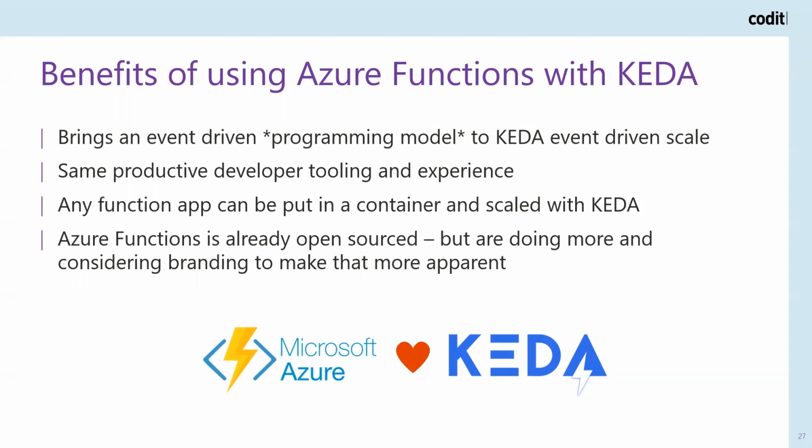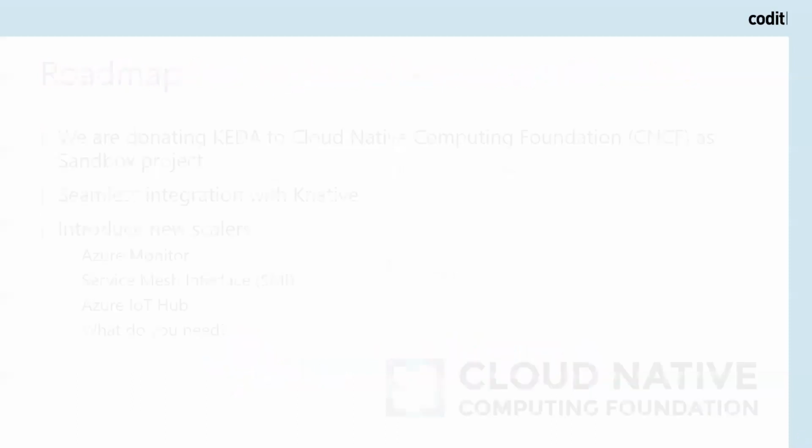You just start writing your code, saying this is what I want to do with the message properties. The Azure Functions runtime will be in charge of pulling those messages and triggering. Then when you deploy it to Kubernetes and use KEDA, it's able to scale that function as well. So if you want to write even less code and have a fully serverless experience that could run in Kubernetes, but could at any time be shifted to run in the Azure Functions service, that's a good pairing that we just want to call out.